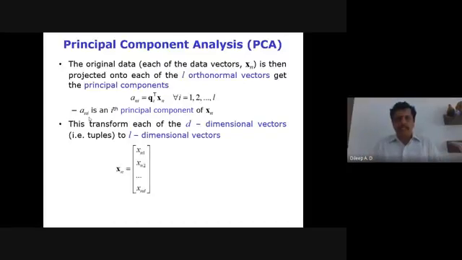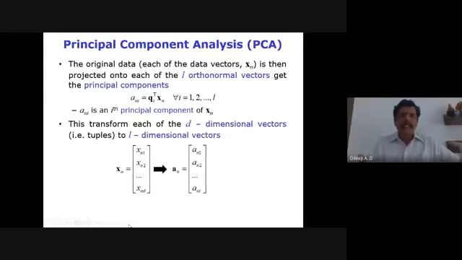This is the transformation: from my original d-dimensional representation, xn is projected to the L-dimensional vector. If you look into this projection, it's a linear transformation. The transformation I'm doing here is only a linear transformation.